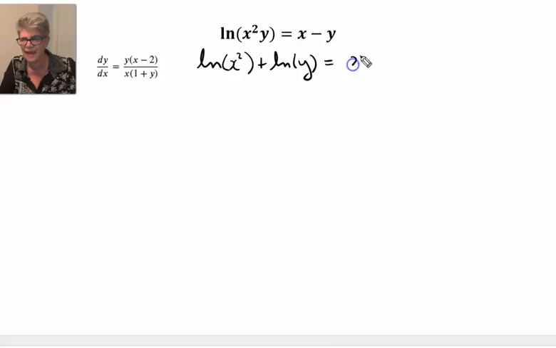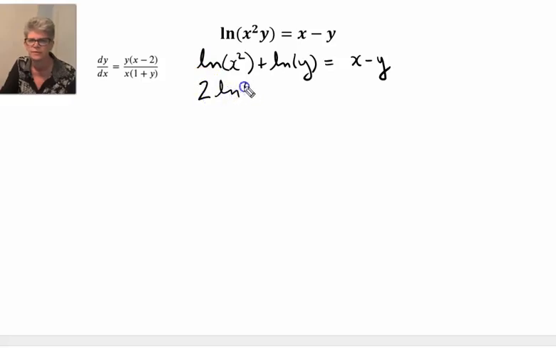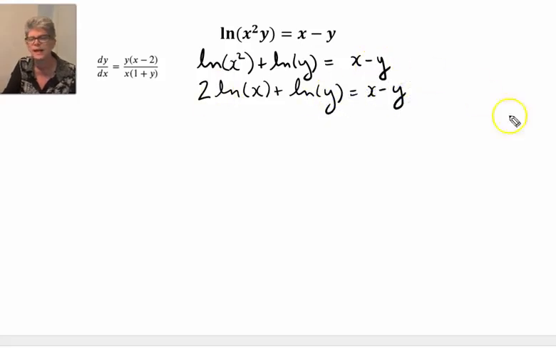So again, to be in calculus, you should have had algebra, and you should know these logarithm rules. And then I'm going to use the power rule here for that first one, because ln of x squared, that 2 can come out the front. Because now what I'm going to do is take the derivative with respect to x of every term.